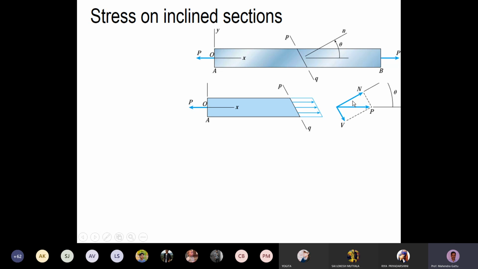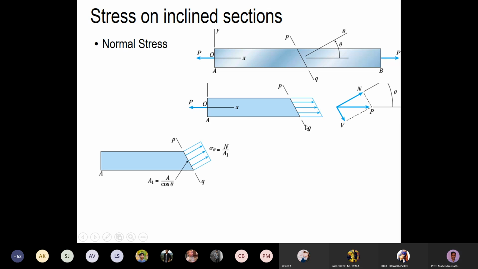Okay, so this normal force will produce a normal stress on this cross section, and this V will produce a shear stress, because it's acting tangentially, on this cross-sectional area. The normal stress: N is P cos theta, and what is the area?